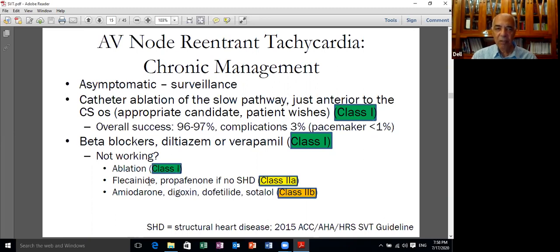If the patient can tolerate the attack, which occurs once for a few minutes every 6 months, leave him. If not, the class 1 recommendation is catheter ablation, because most of these patients are young, healthy persons, so you don't want them to remain lifelong on antiarrhythmic drugs. So with catheter ablation, you ablate the slow pathway.